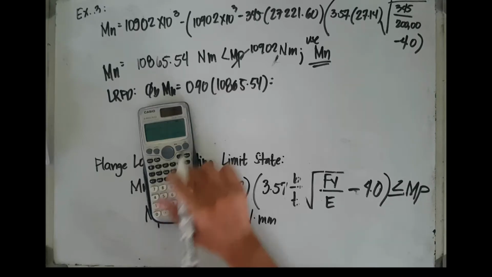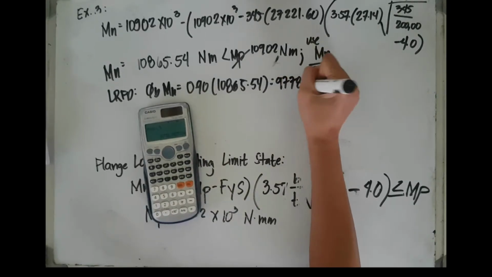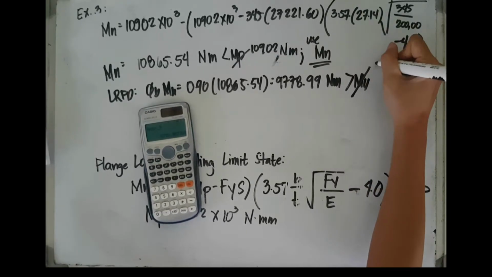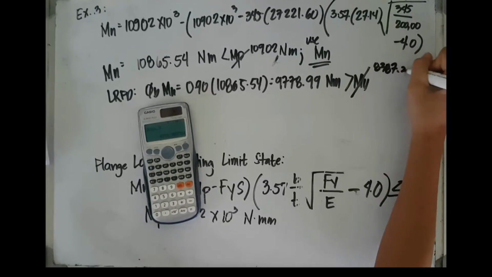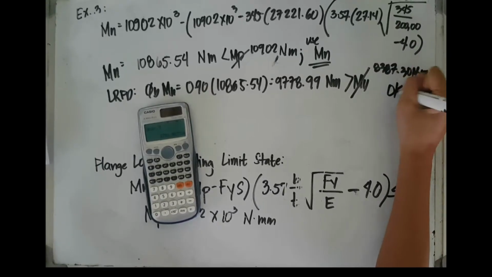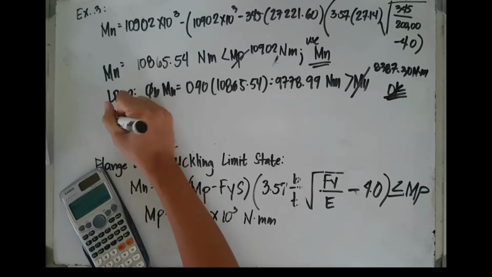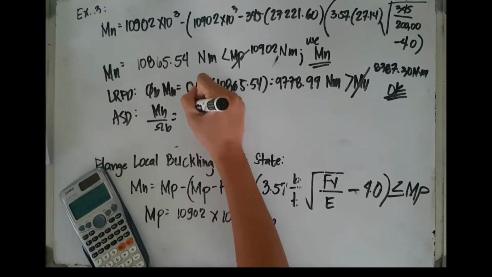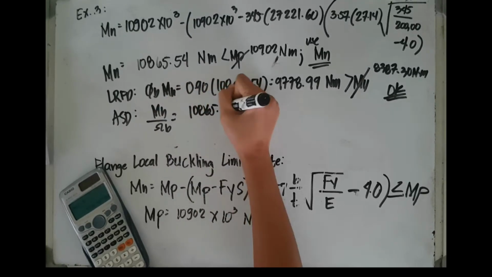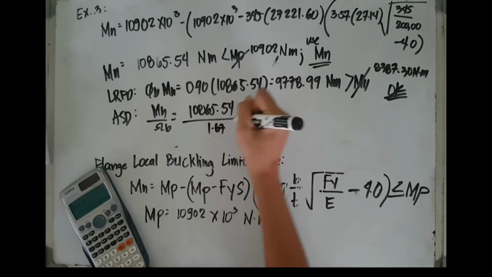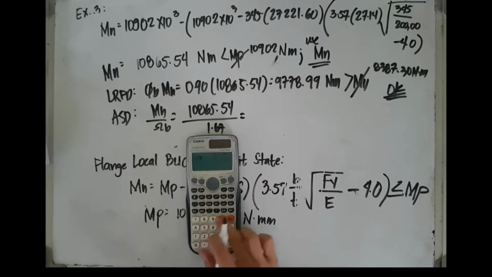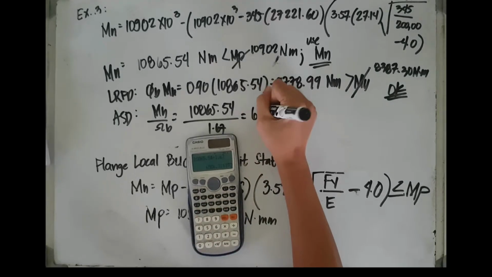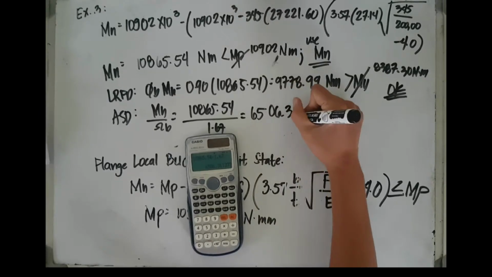So multiplying it with our factor 0.9, or the resistance factor for flexure, it will now be equal to 9,778.99 Newton meter, and it is greater than our required flexural strength, which is only 8,387.3 Newton meter. And for our ASD, dividing it with our safety factor for flexure, which is 1.67, therefore it is equal to 6,506.31 Newton meter.